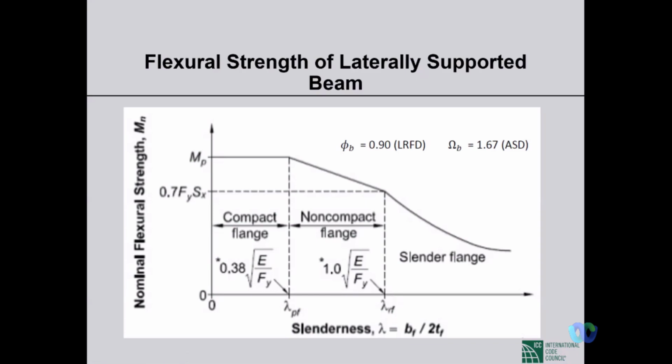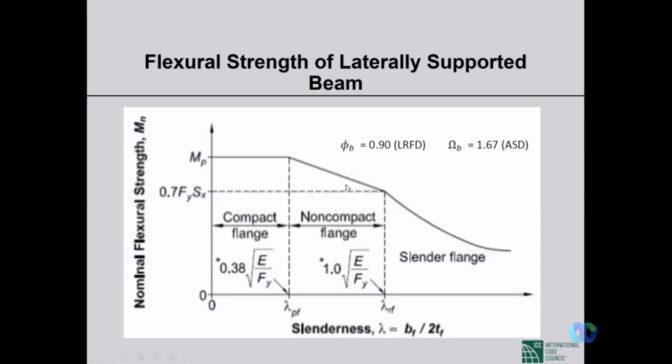So we'll expect elastic buckling. That is, no fiber of this flange will reach the yield stress sigma y. It will buckle. If the slenderness ratio is in between lambda p and lambda r, then we'll have a non-compact flange.